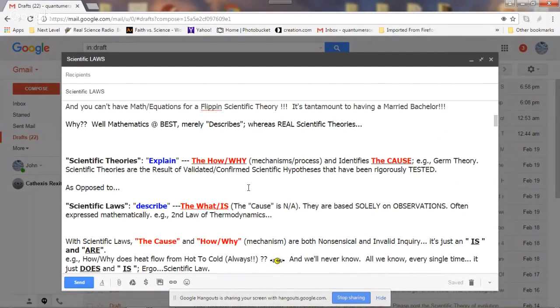You're always going to get an explanation on the how and the why. That's the mechanism or the process. And it identifies the cause. That's very important. Like germ theory. Scientific theories are the result of validated, confirmed scientific hypotheses that have been rigorously tested, like we just went over.